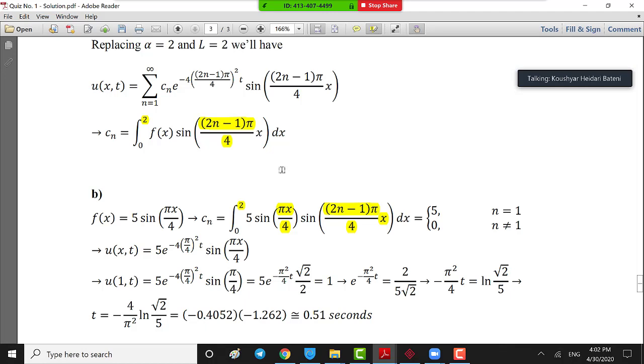Then you would have to do integration by parts. Yes? If f of x was equal to x, you had to do integration by parts. Right?